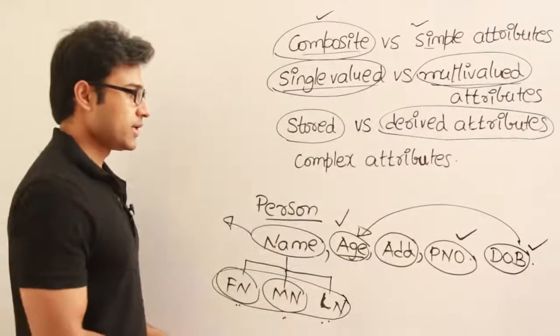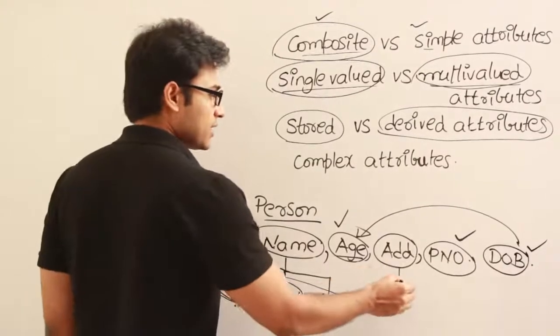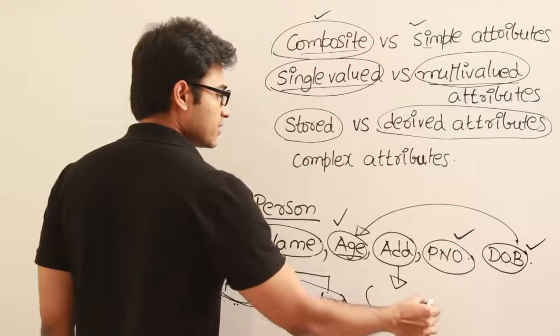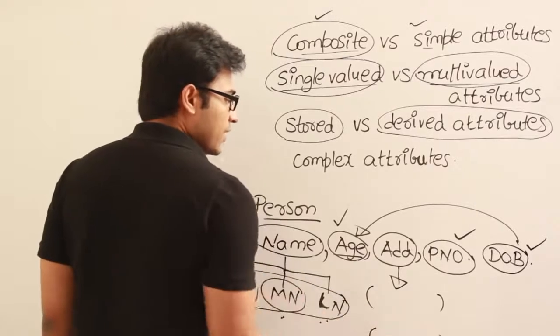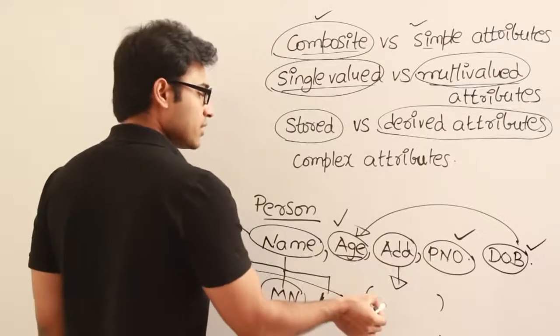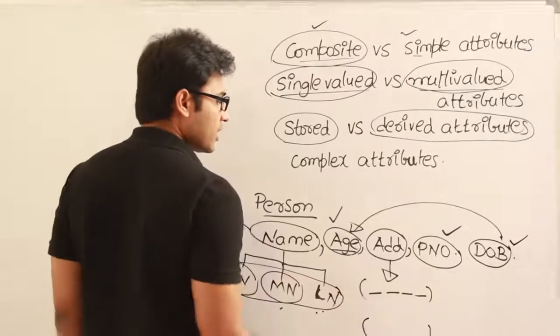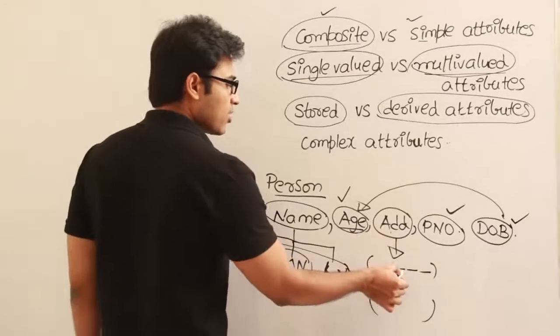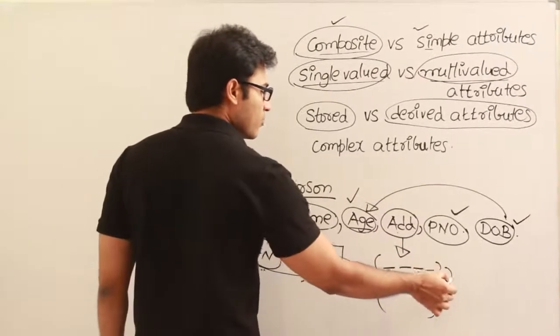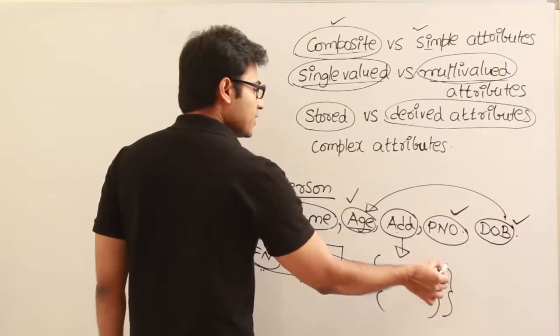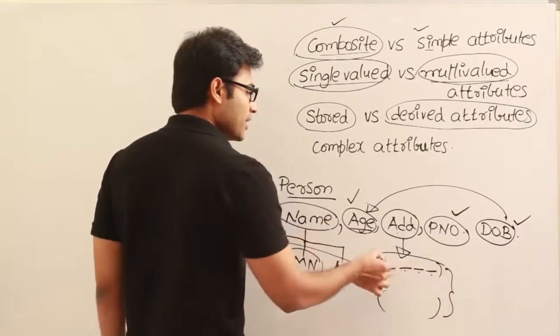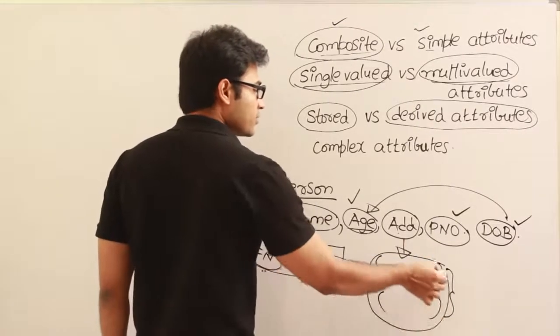Then what happens to address? A person can have more than one address. And moreover, the address itself is composite, which means street name, city name, country, pin code. So address is composite, and a person may have more than one address. Then it is a collection of both multi-valued as well as composite attributes.